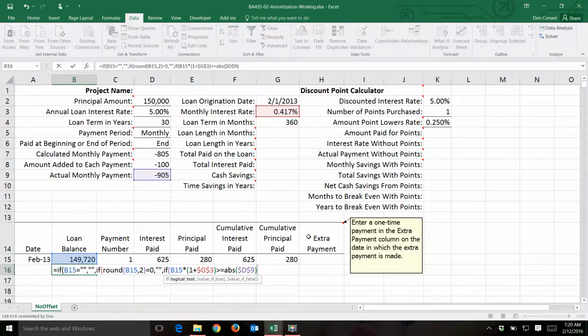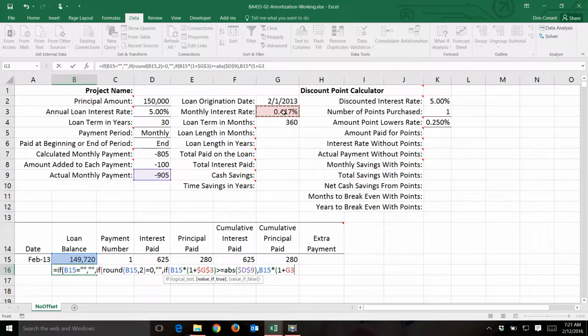And we want to apply a payment against that new loan balance, so we have to calculate that again. So we'll go ahead and say if that is true, then once again, we'll calculate our loan balance by taking the value above and increasing that by the periodic interest rate. Then we'll go ahead and apply our payments.